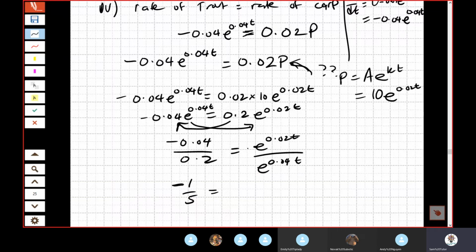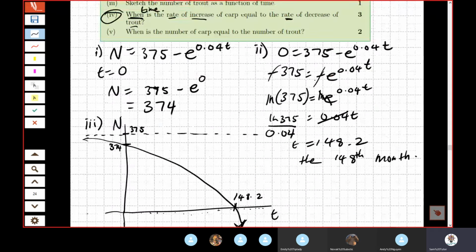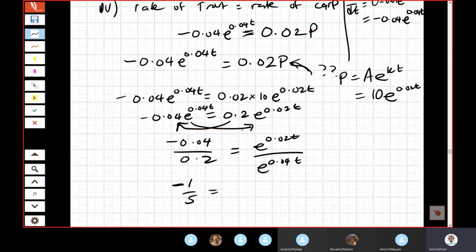It's all algebra. Even the stuff that we've done before, look at all this. Minusing, dividing, logging, it's more algebraic based work rather than specific rates of change based work. Subbing in time is 0. You're not really doing anything that is rates of change based.